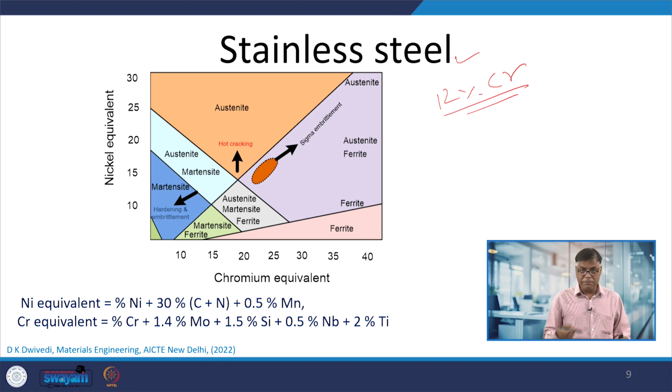So, the common alloying elements in stainless steel are nickel, chromium, carbon, nitrogen, molybdenum, manganese, silicon, niobium and titanium.